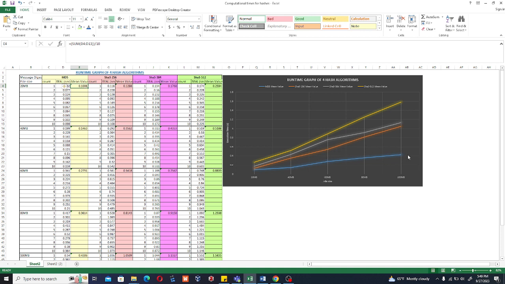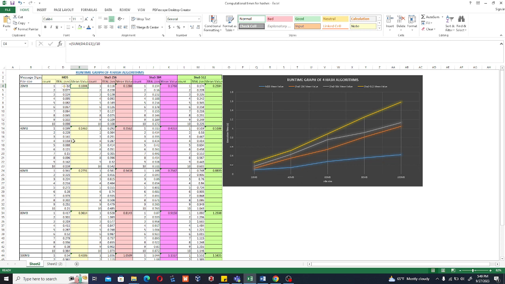Based on this, we graph it, and clearly we can tell that if we take MD5, for example, as the size of the file increases, the time required to compute the MD5 hash also increases linearly. At 20 meg it took almost 0.16 seconds.